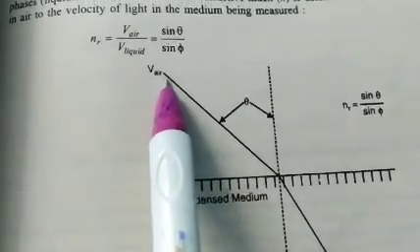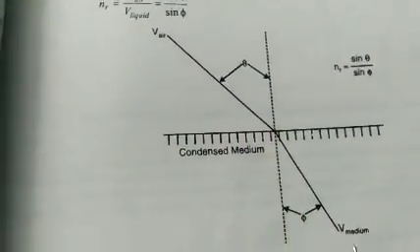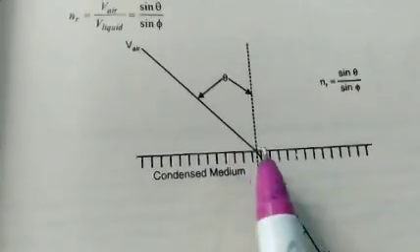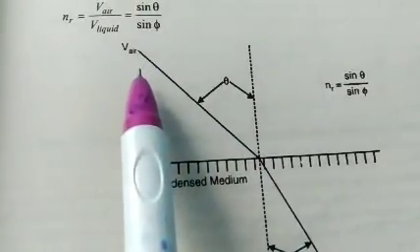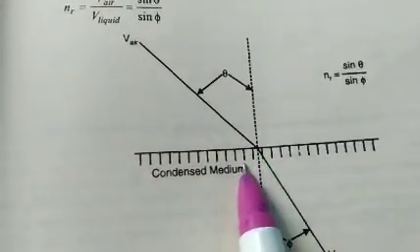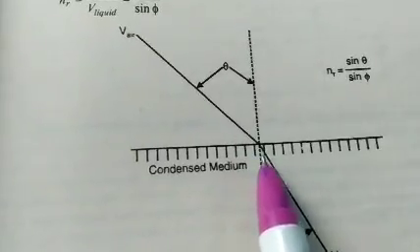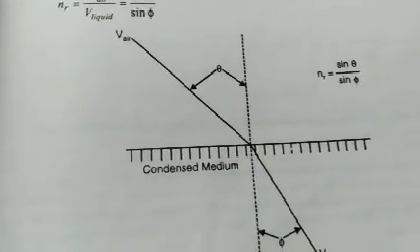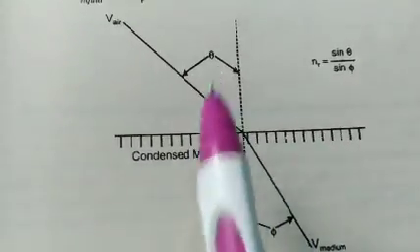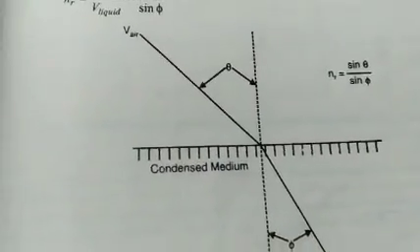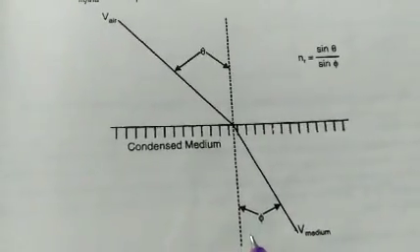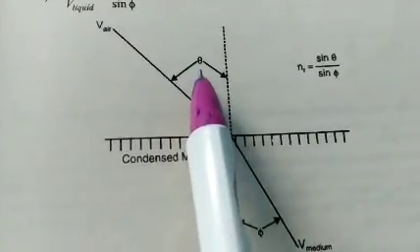Here this is the incident light and this is the refracted light. When the ray passes into the condensed, liquid dense medium, it changes its direction and the angle is different. In the more dense medium, the angle is less than in the air medium.